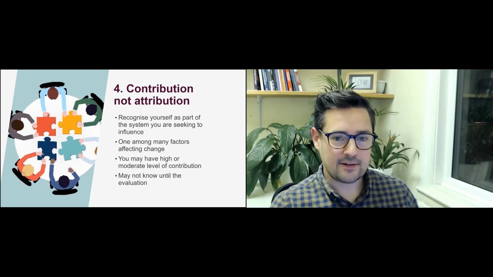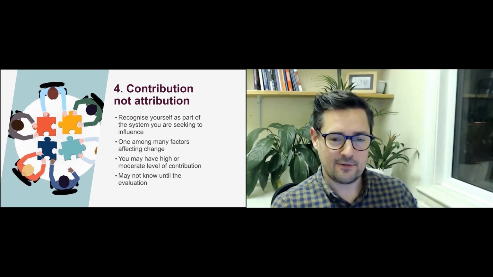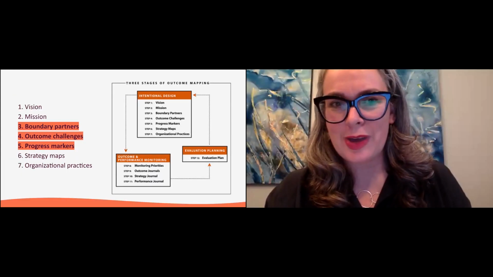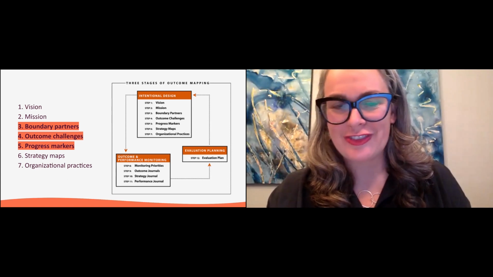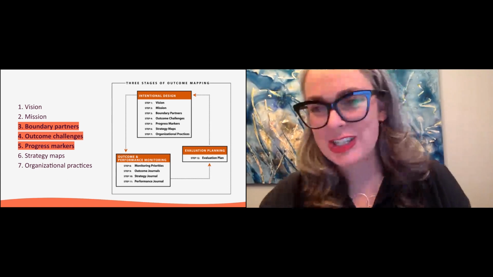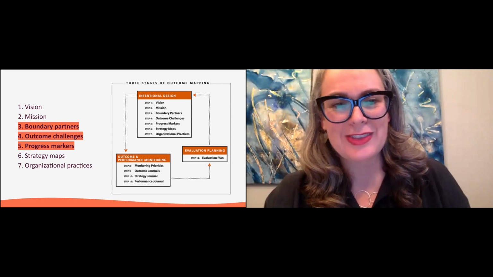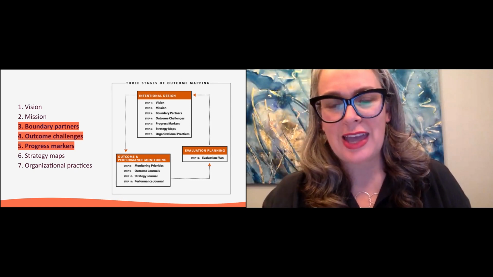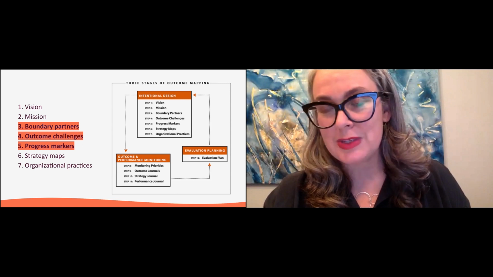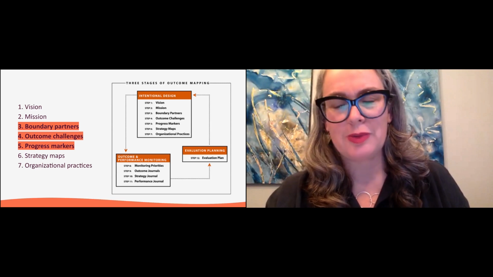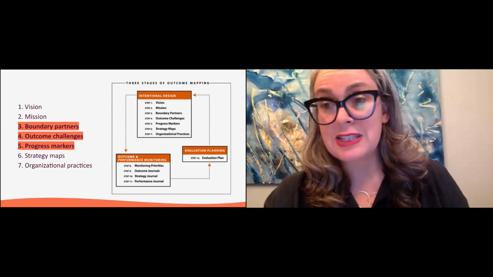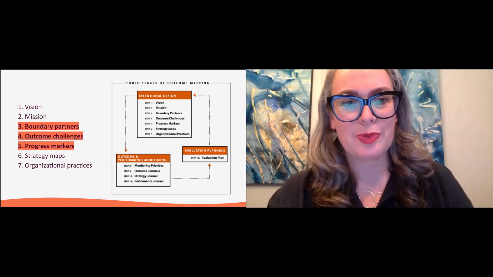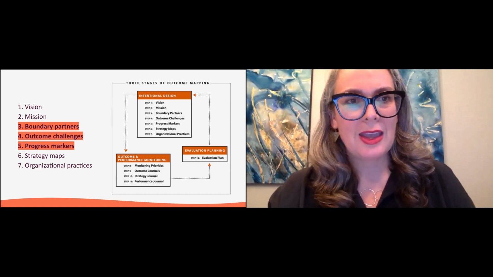I'll hand back to Kaya just to finish us off. Thanks, Simon. We hope that this gave you a taster for what we'll be digging into in the next two sessions. We do encourage you to take a look at the paper that was written by the Outcome Mapping Learning Community Stewards that delves deeper into these elements, into the key principles and concepts.